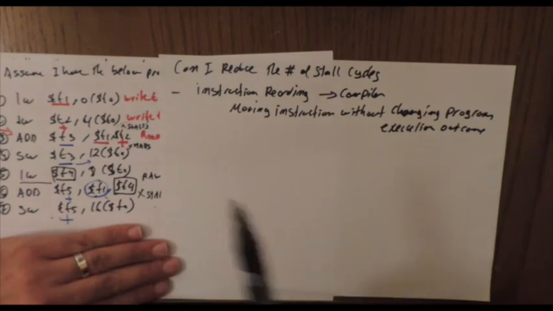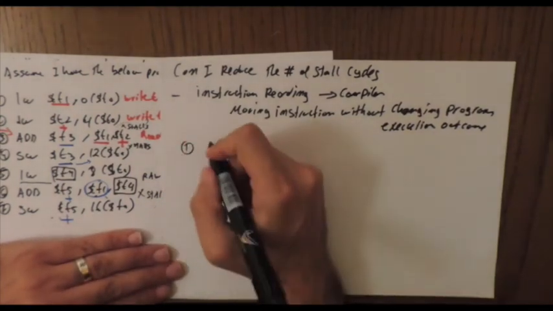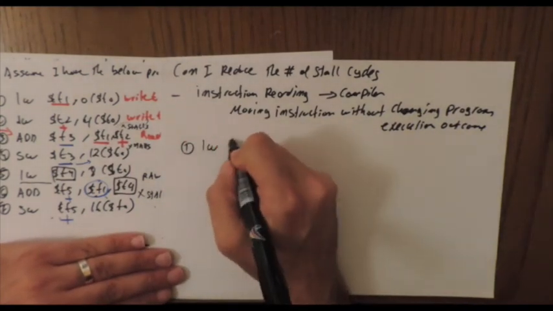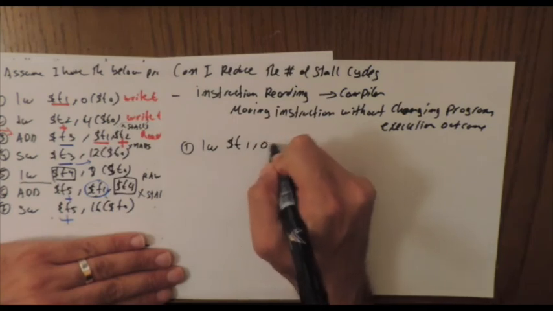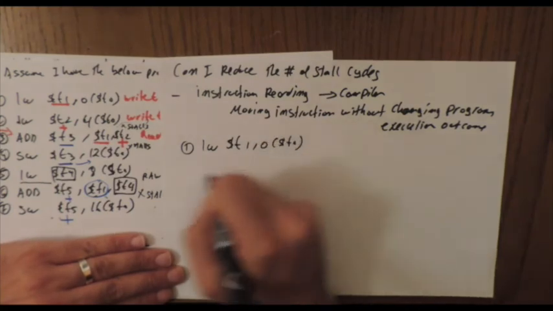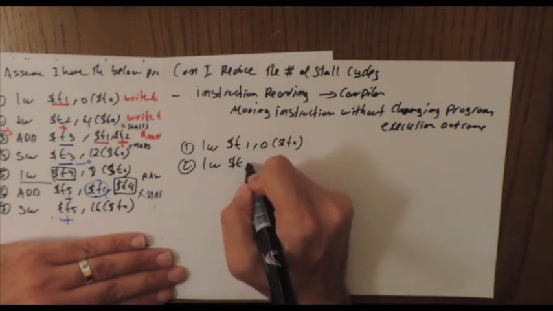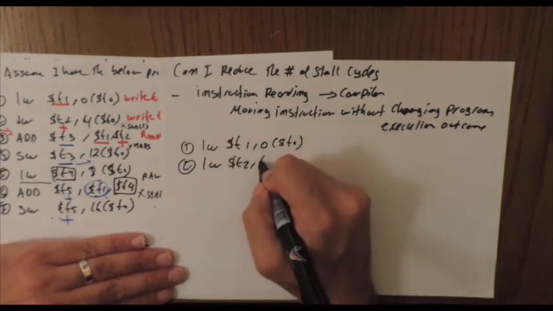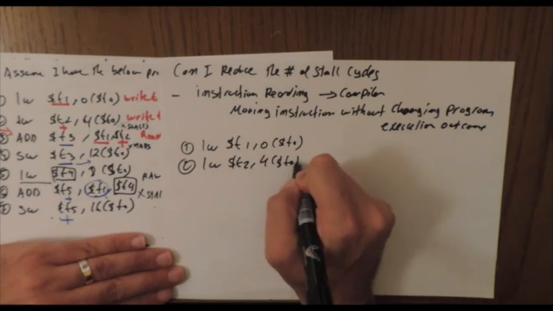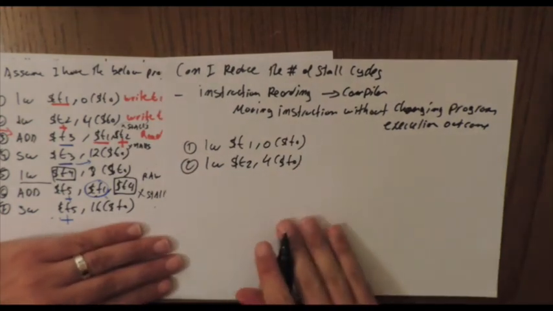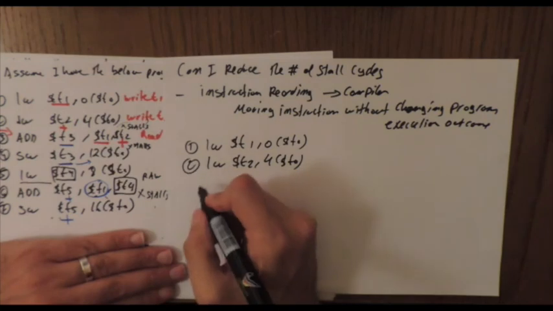So first I'm going to write the program. This is the first instruction. As we said, the second instruction has nothing dependent, and moving it will not do any good.